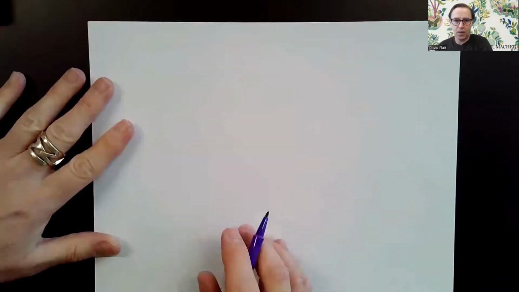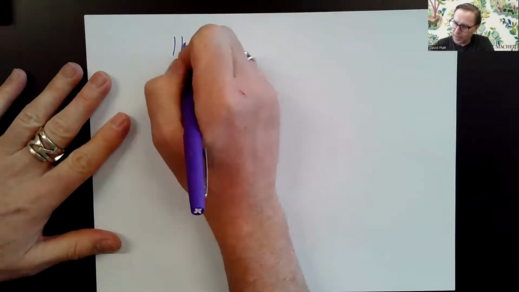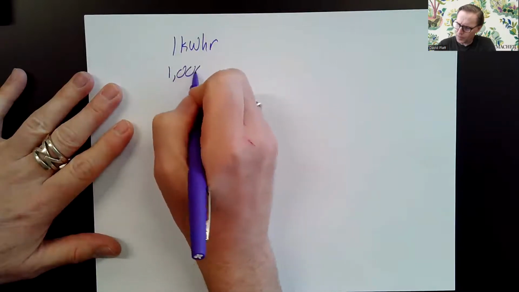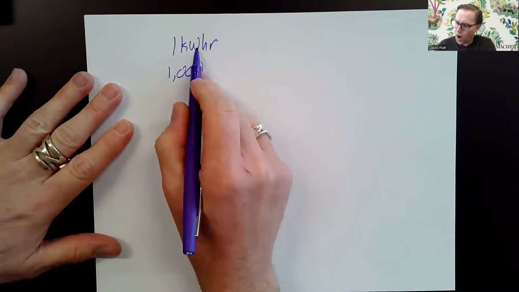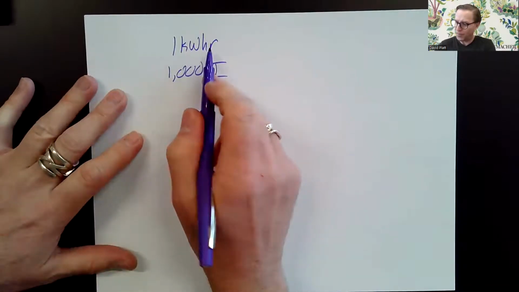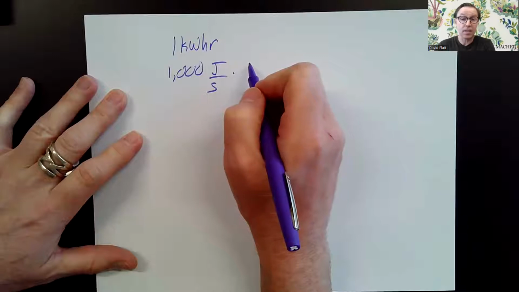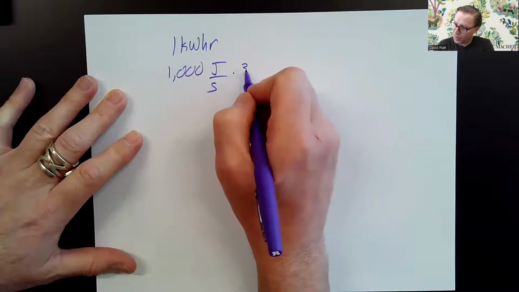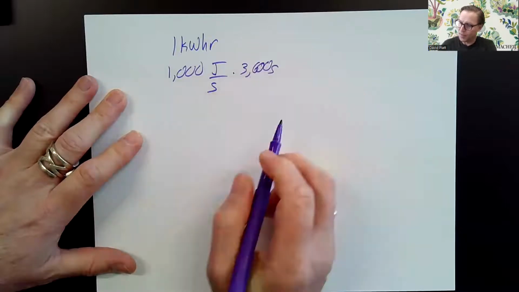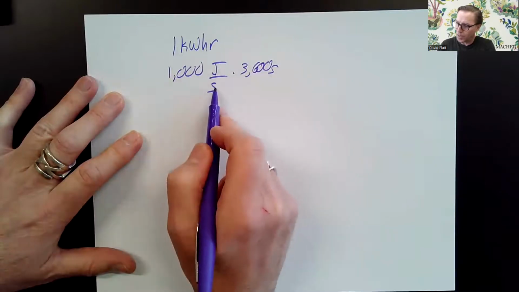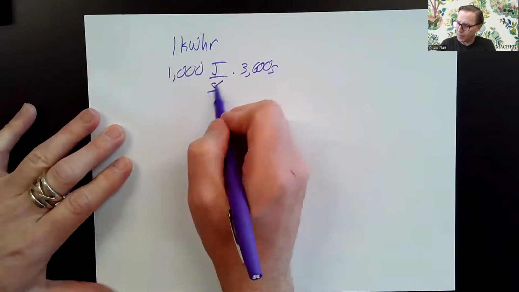What is a kilowatt hour? 1 kilowatt hour. Kilo means 1,000. So 1,000. Watt is a joule per second. And an hour is 60 minutes, or 60 times 60, 3,600 seconds. 1 kilowatt hour is 1,000 watts, joule per second, times 3,600 seconds.